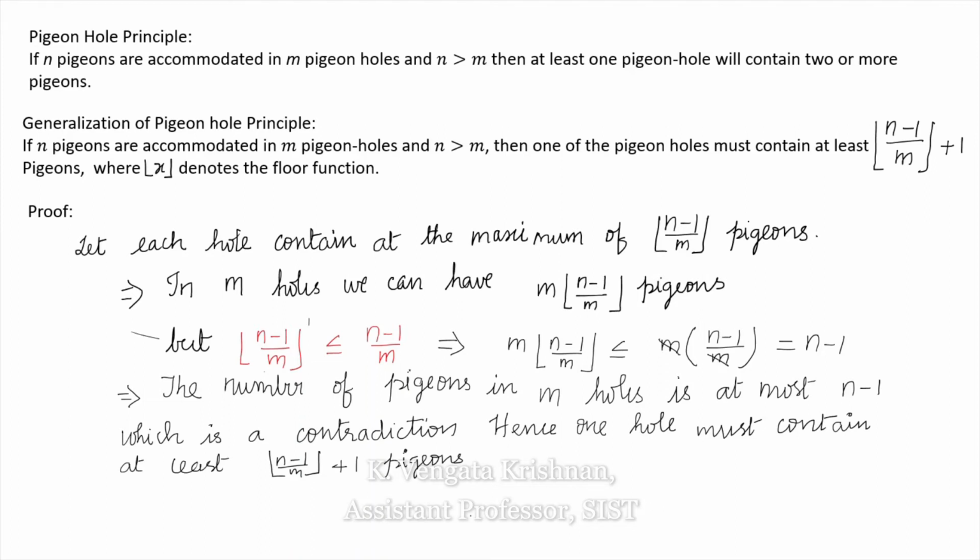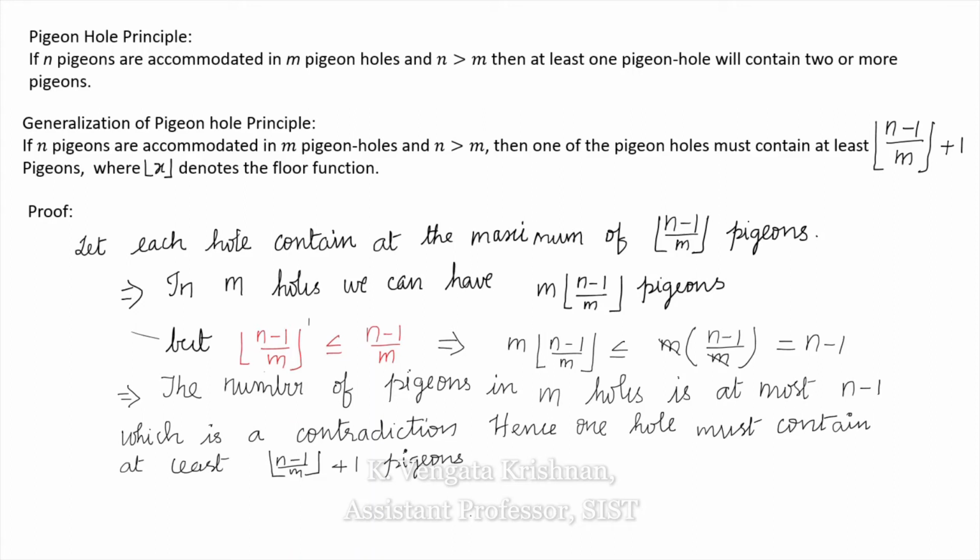So m times the floor of (n minus 1) by m is always less than or equal to m times (n minus 1) by m, which is equal to n minus 1. Therefore, the maximum number of pigeons in m holes is n minus 1. But we have to accommodate n pigeons.